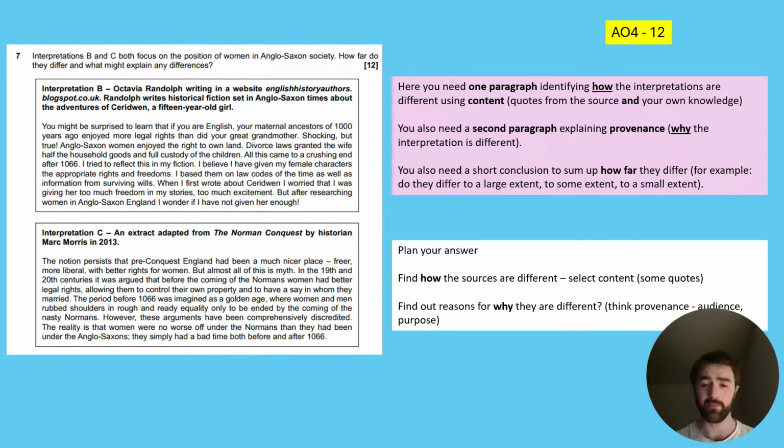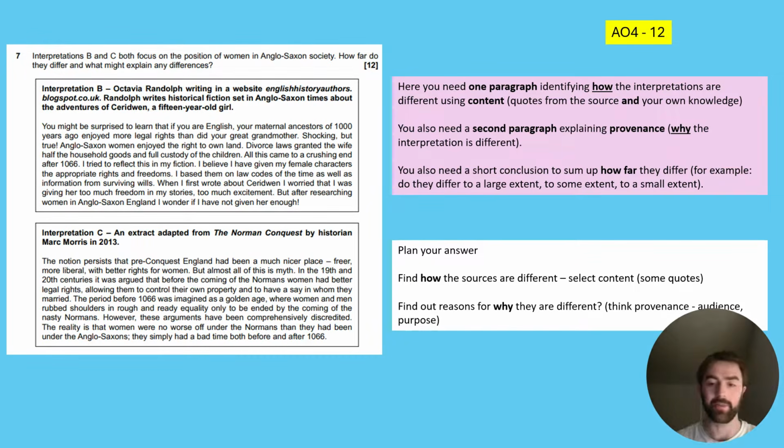So I highly recommend going through this question with a highlighter. Firstly, highlighting what the question's about, the position of women in Anglo-Saxon society, and then going through the content and provenance and highlighting any information that jumps out at you. A frame that works quite well for this is one paragraph identifying difference in the content, so any quotes, what they tell you about your main takeaway about that interpretation.